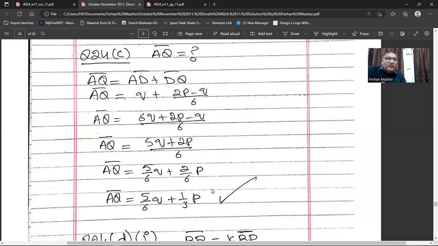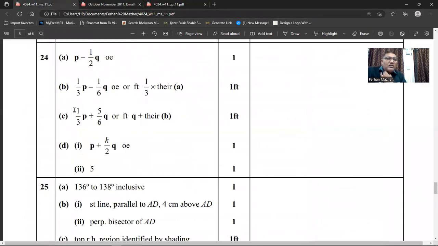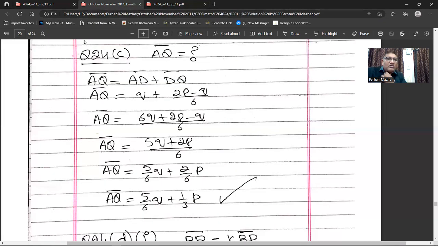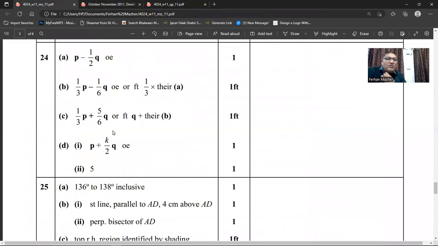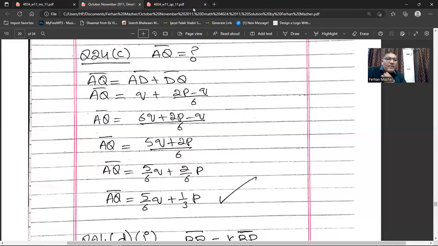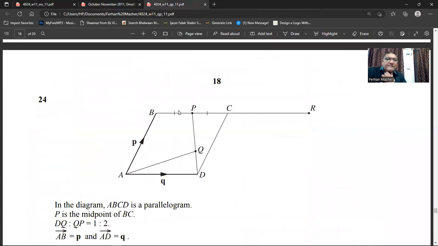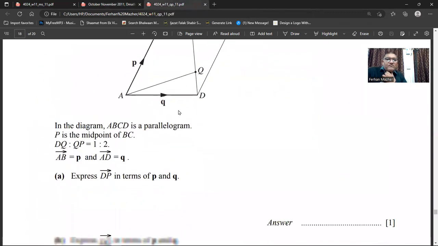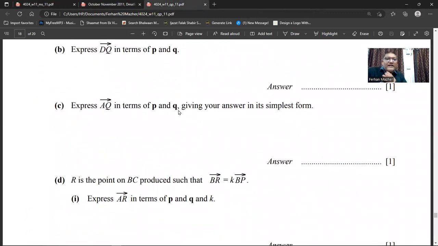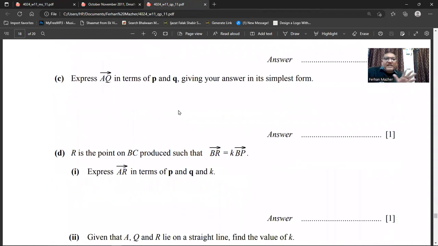That is AQ. Let's check the AQ value. 1 by 3 p plus 5 by 6 q. Okay, the C part is done.